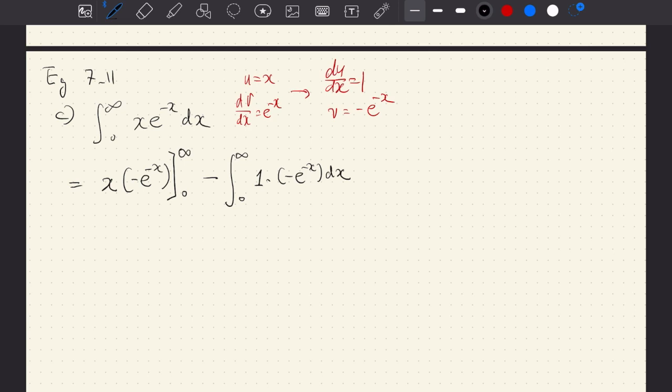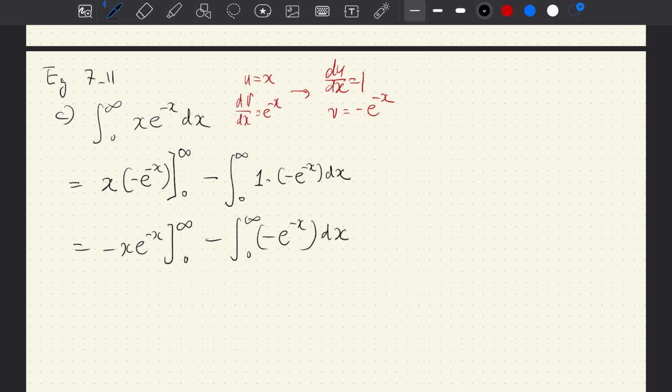But by evaluating the value at infinity, what we really mean is taking the limit as x goes to infinity. So this is equal to negative x e to the negative x, evaluated from 0 to infinity, and if you anti-differentiate the remaining integrand, negative e to the negative x, one of its antiderivatives is e to the negative x, because the integral of e to the negative x dx is negative e to the negative x.